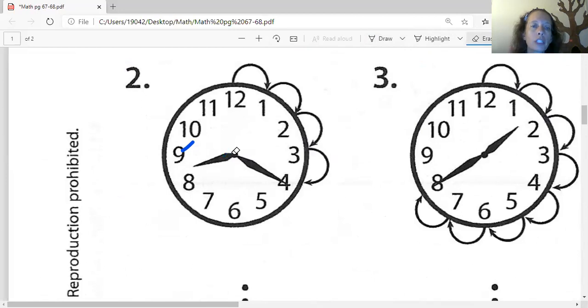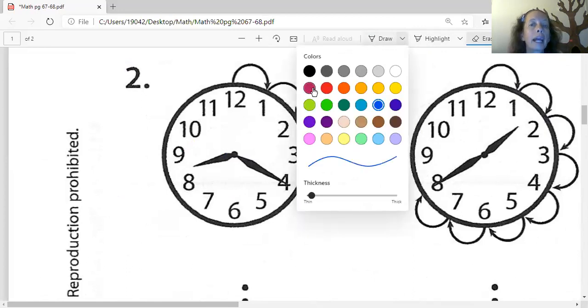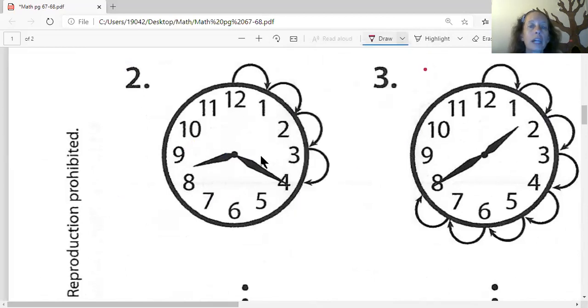What's it pointing to? Not quite to 9. Is it to 9 yet? Hang on, my hour hand, my shorthand. That's my minute hand. Minute is my long. I'm looking at this hand right here, this shorthand. Where is it? Between the what and the what?